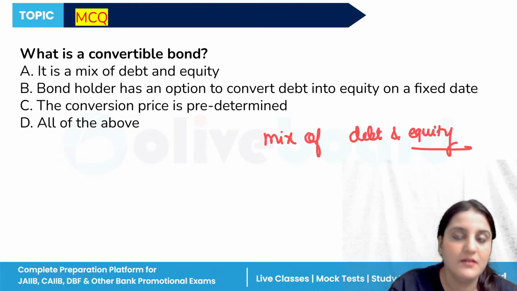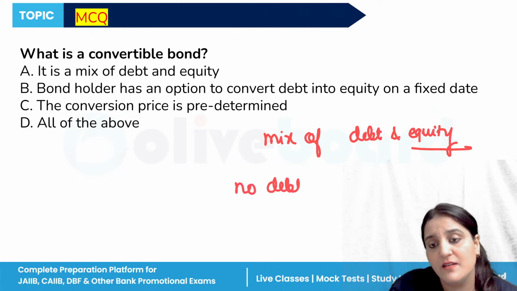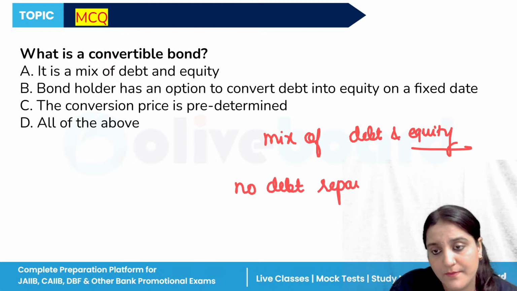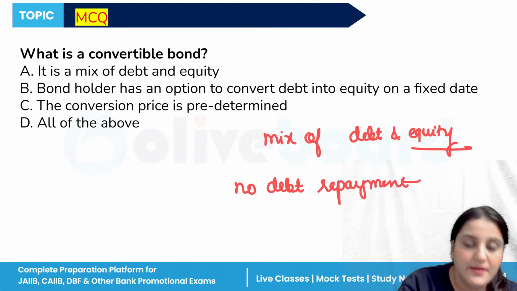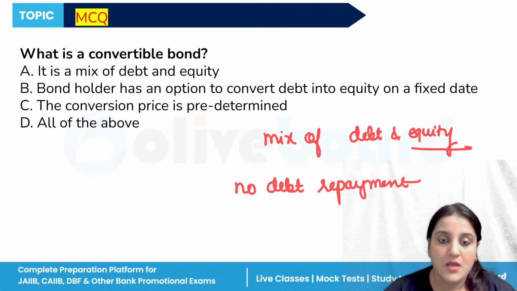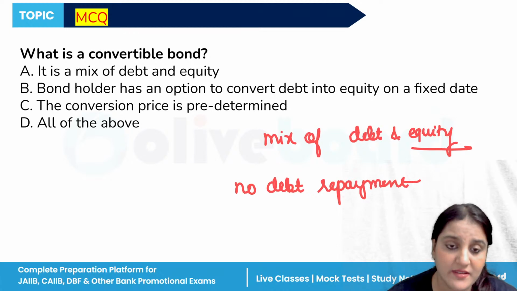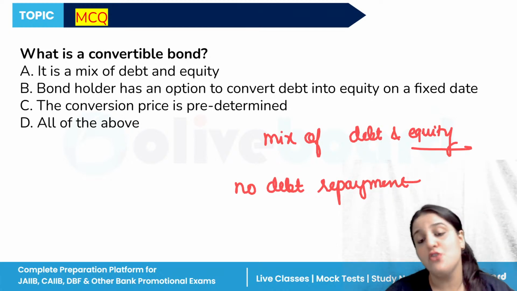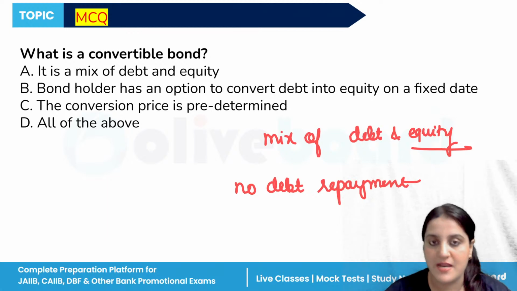The benefit to the company is that there is no debt repayment, and at the same time its equity base is strengthened. The coupon on a convertible bond is generally lower than the coupon on a non-convertible bond of similar credit standing.